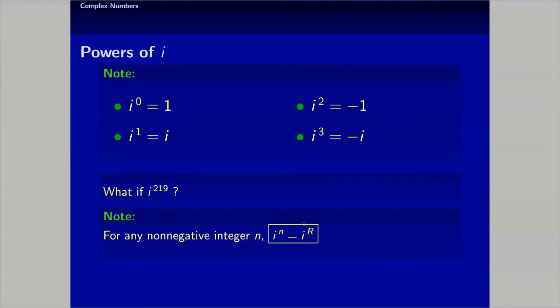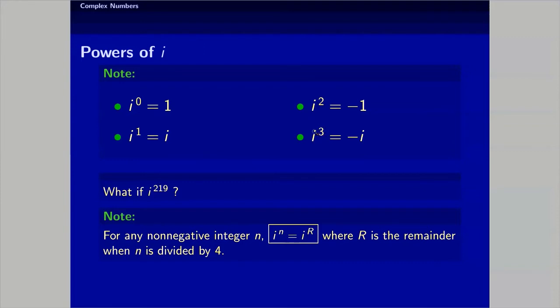This capital R is the remainder when your n is divided by 4. Do you still recall what are the possible remainders when you divide a number by 4? The possible remainders when a number is divided by 4 are 0, 1, 2, and 3. And that fits our note exactly: exponent 0, exponent 1, exponent 2, exponent 3.